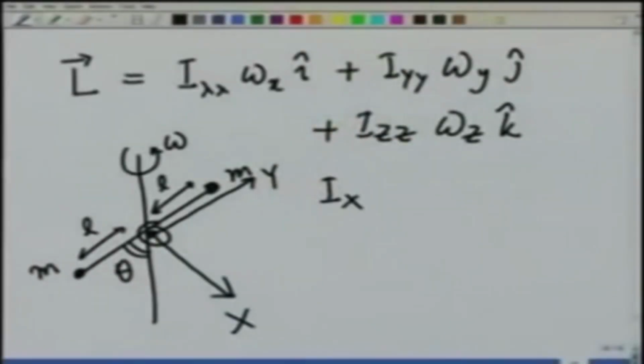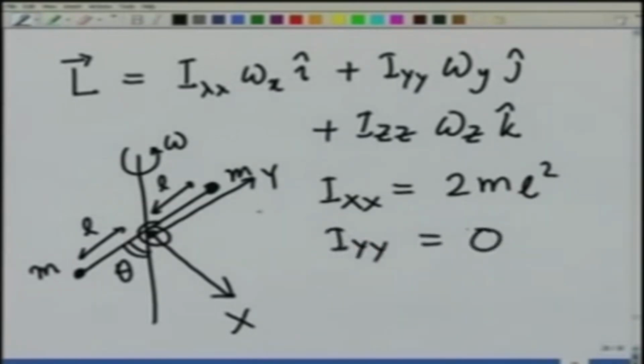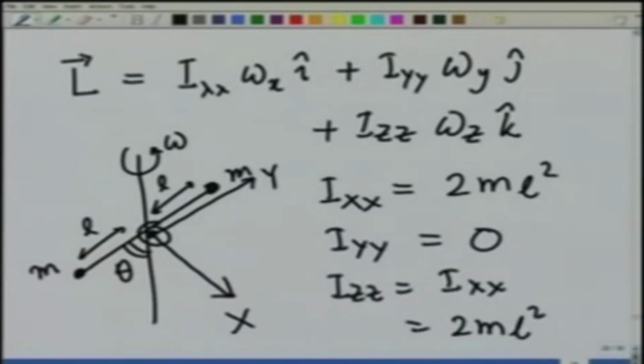Similarly, the other off-diagonal components are 0, except that I x x is going to be 2 m L square. I y y is going to be 0, because from the y axis there is no distance of the masses, and I z z by symmetry is the same as I x x, which is 2 m L square.